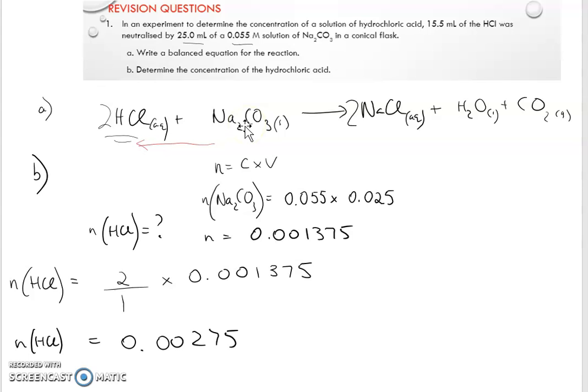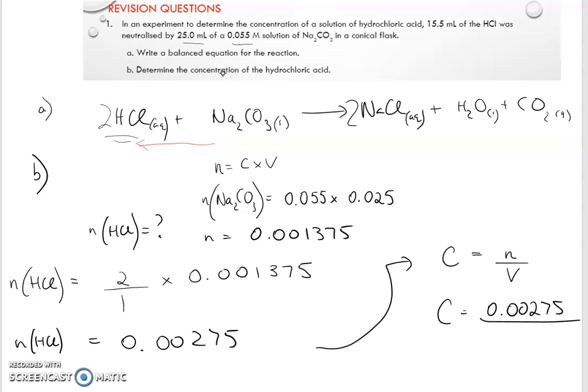So we need to determine the concentration. So the concentration, C equals moles divided by volume in litres. So we have the mole value now. And what's our volume of hydrochloric acid? 15.5 divided by 1,000, so 0.0155.